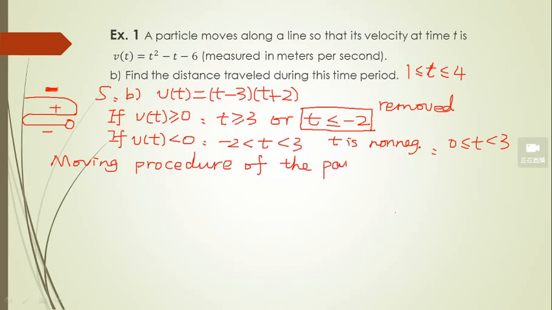And I think we did this similar analysis in chapter 2 when we were talking about differentiation. The moving procedure of the particle from t1 equals 0 seconds to t2 equals 3 seconds.